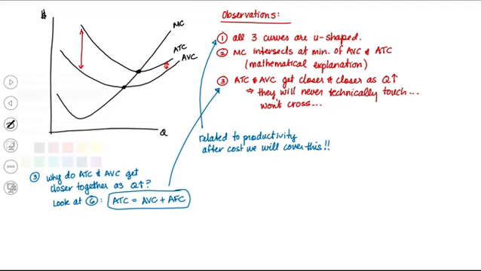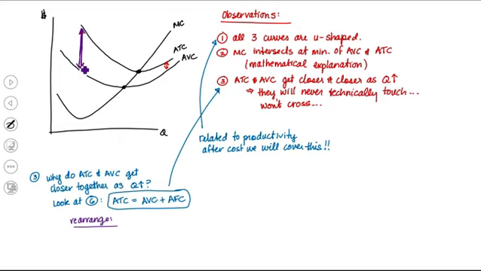And now let's rearrange it a little bit. Let's look at the difference between average total cost and average variable cost. I want to get the distance between, in other words, this right here. I want to calculate this height.